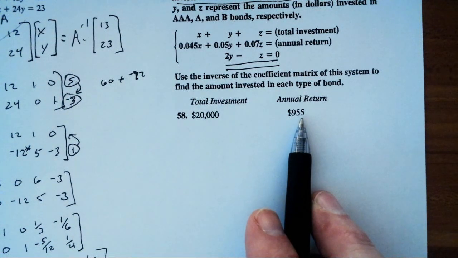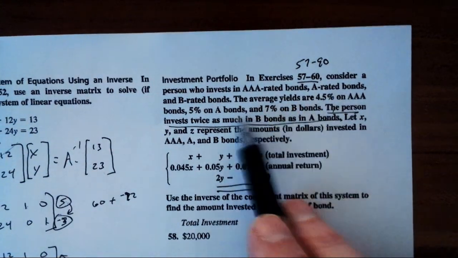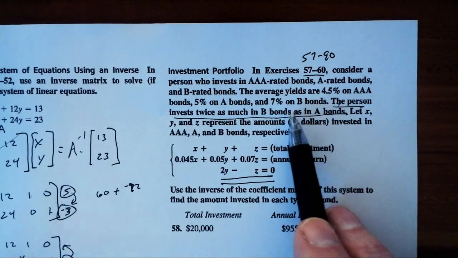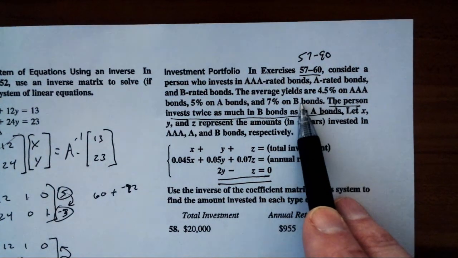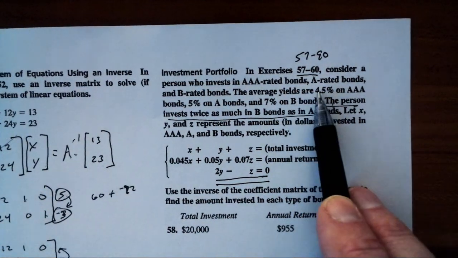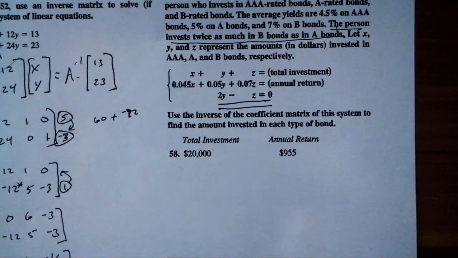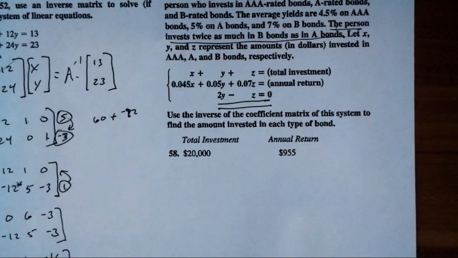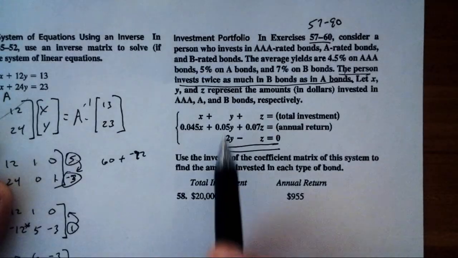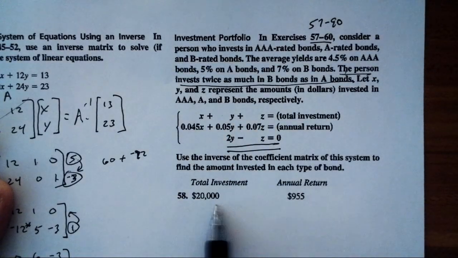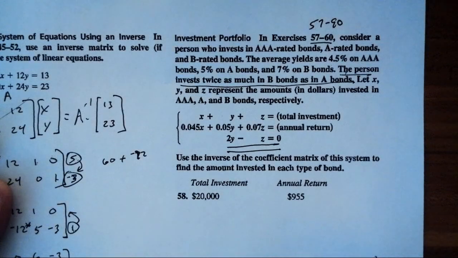And we can run the numbers and we can see first if it's possible, and second, if it's possible, how much of it's going into each of these different bonds, and do you want the risk of putting large amounts in this, or do you want the security of investing in the AAAs? So you got to imagine you're going to be doing this repeatedly with this. You're just going to get different investments and annual returns.